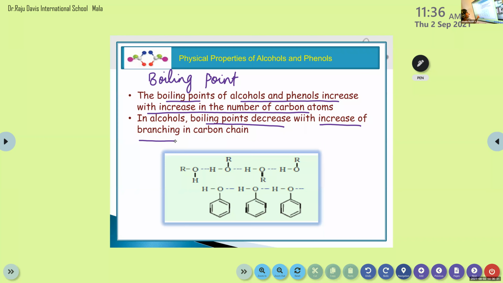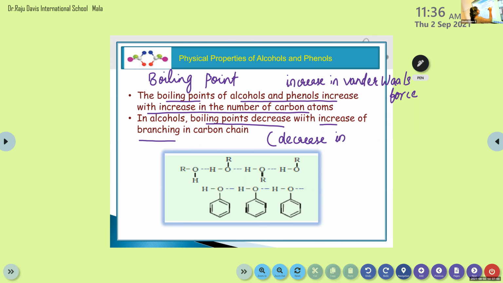Clear? Here the reason is the increase in van der Waals force. The first one, increase in van der Waals force with increase in number of carbon atoms. And the second one, due to branching, the van der Waals force decreases.